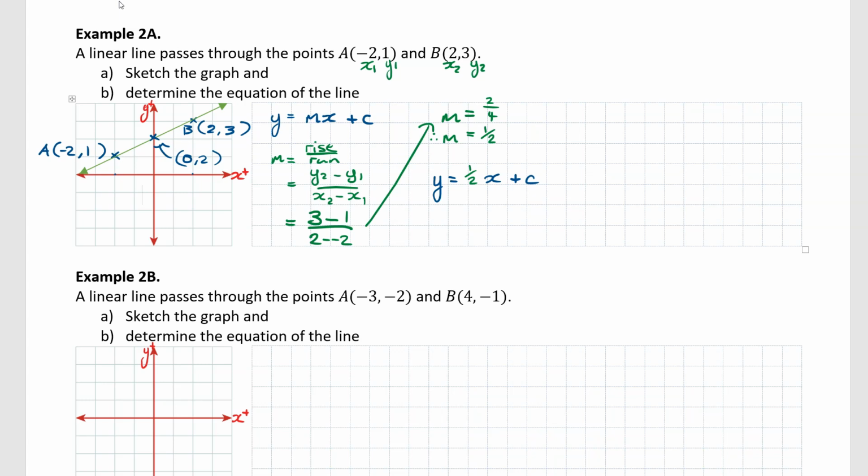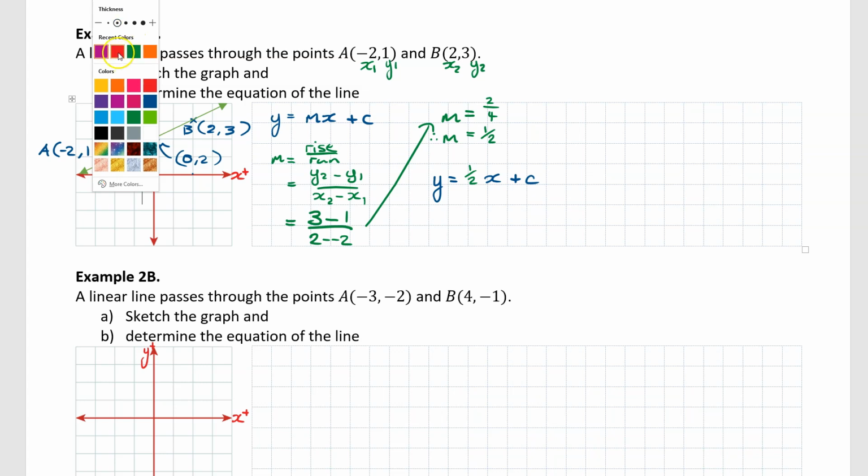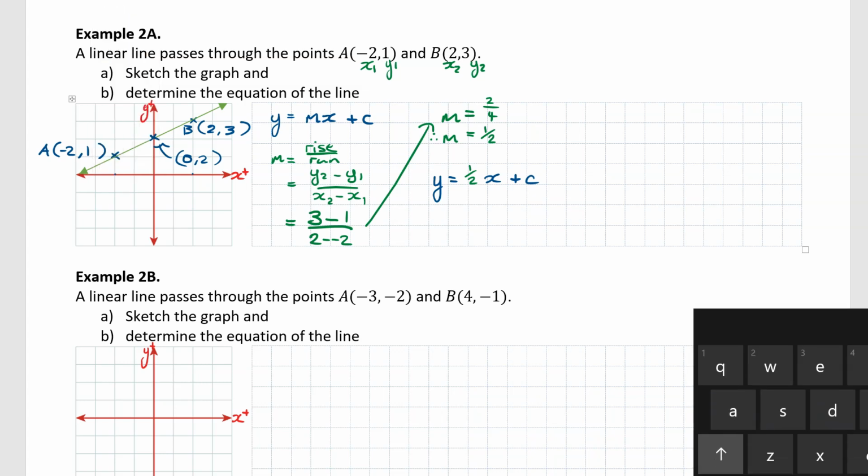So what we're going to do is use an algebraic method to determine the rest of the equation. The way in which we do this is we pick either point A or B, it doesn't matter. In this case I'm going to pick B, and we say let x, y equal 2, 3.